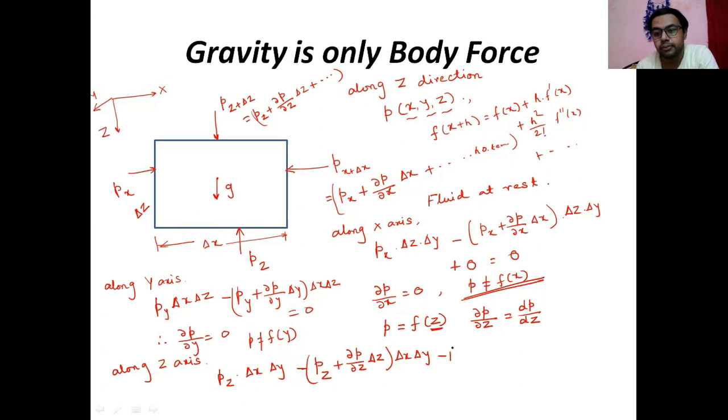Rho into volume. Rho is the density of the fluid element, into volume. So volume is del x, del y, del z. Density into volume is mass, into acceleration, or body force, g. So the body force plus surface force is equal to 0.